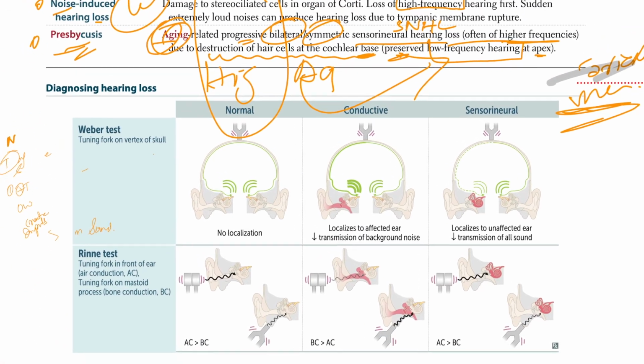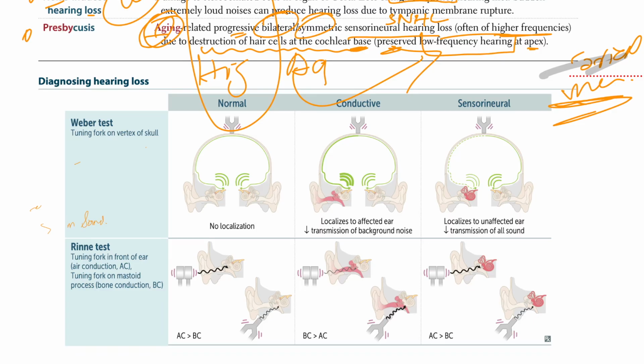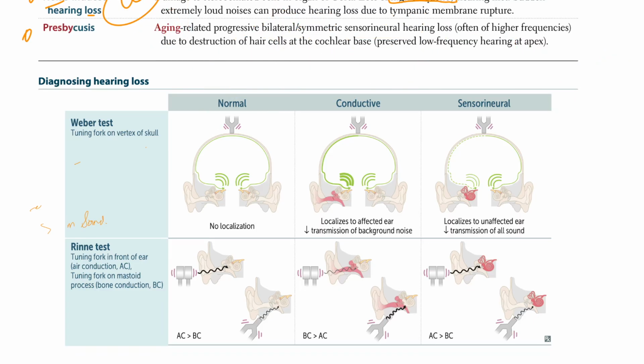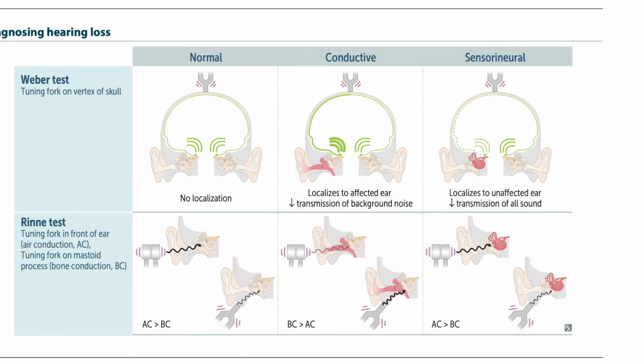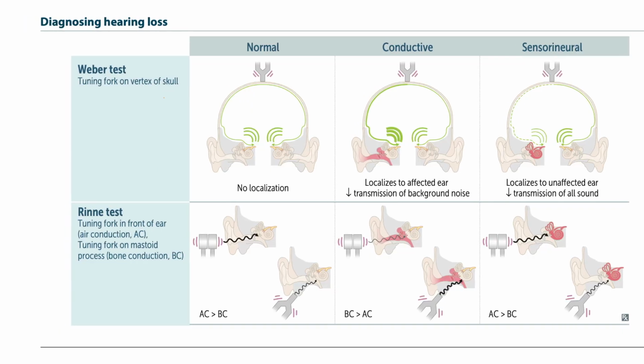The next we have here is the proper diagnosing of the hearing loss. So let's just talk about that part. Let me erase all this. It's very easy. Just understand a couple things here. All we have is two tests, Weber's and Rinne's.